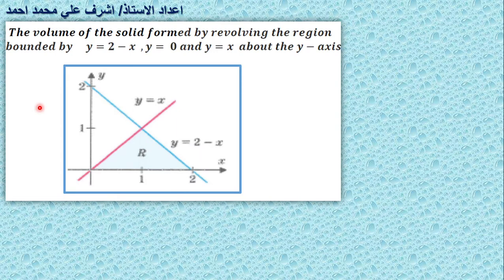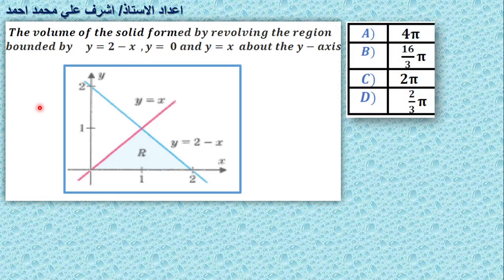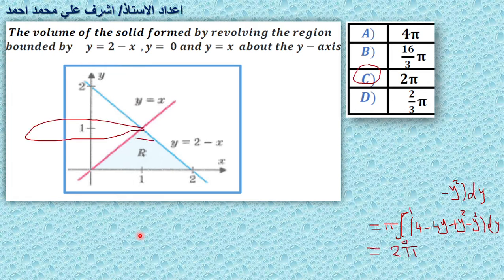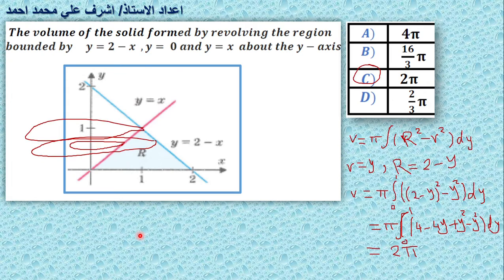The volume of the solid formed by revolving the region bounded by y equals 2 minus x, y equals 0, and y equals x about the y-axis is... Now we have sketched it. It's already sketched. Now, what can we use here?